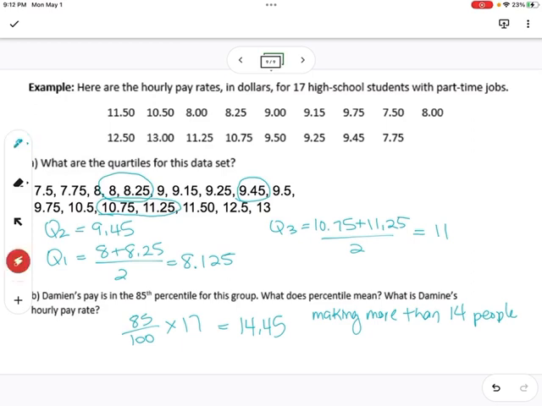So if we count up through our data, 1, 2, 3, 4, 5, 6, 7, 8, 9, 10, 11, 12, 13, 14, 15. So that's this one here. So that means Damien's hourly rate is $11.50.